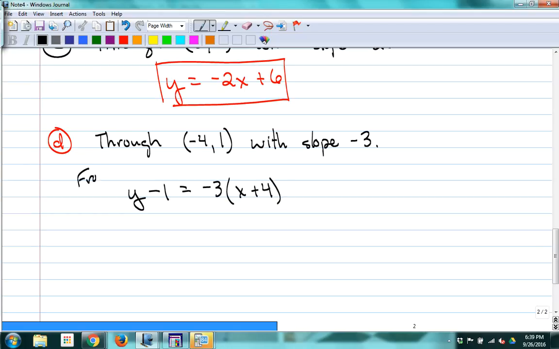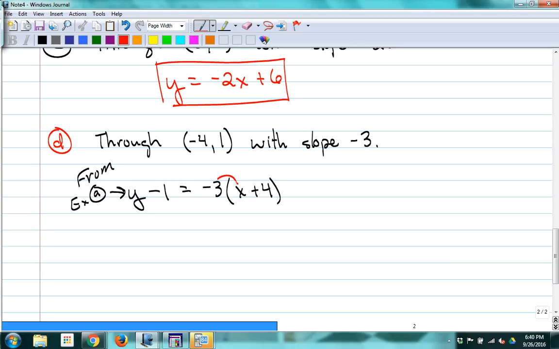Now we got that from example A. If we didn't get it from example A, it's not that hard to get anyway, because y minus the y value equals the slope, parentheses, x minus the x value. Okay, now, to get that in slope-intercept form, what has to be by itself? y. So, let's get y by itself. What do we have to do first?